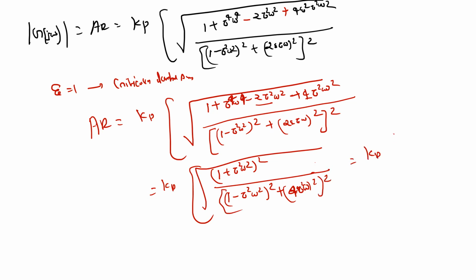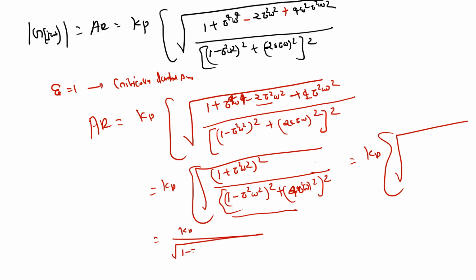So finally, there will be a root, and once we do the calculation over here, it will come outside and finally you will be getting Kp divided by root over 1 minus tau square omega square whole square plus 2 tau omega whole square kind of thing.